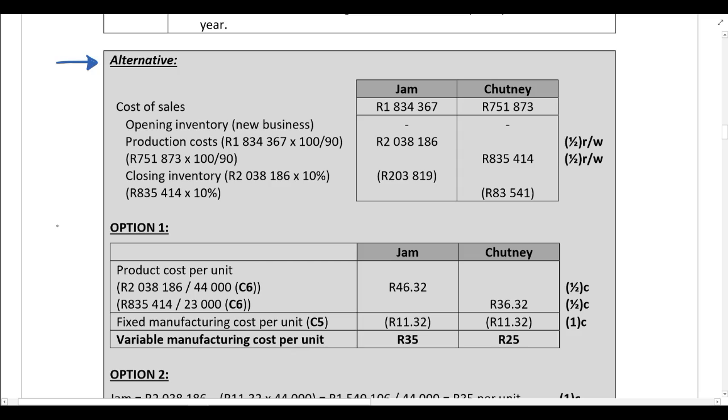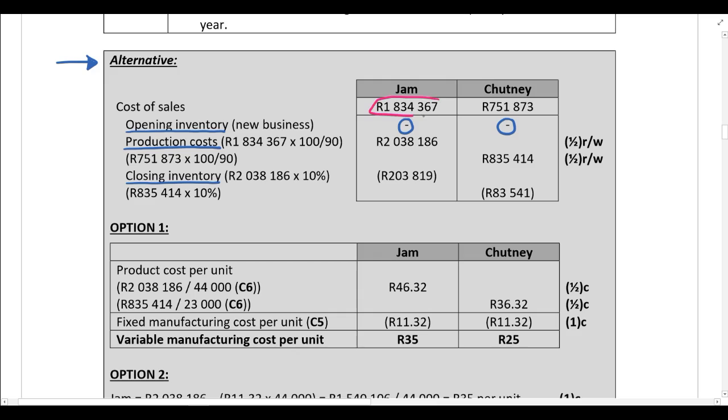Like I just said, we calculate cost of sales by taking opening inventory, we add production costs, and we deduct closing inventory. Now, we know that this is a new business, so like I already said, we don't have any opening inventory. Then we need to calculate production costs by working backwards.